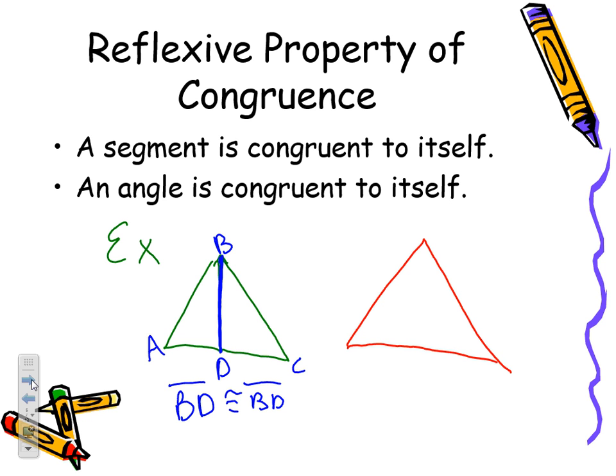If we had two triangles, so this would be my second triangle right here, and if they share this same angle, you see, angle B would be congruent to angle B. Make sure we have this one down. That's really important. We're going to use it a lot.